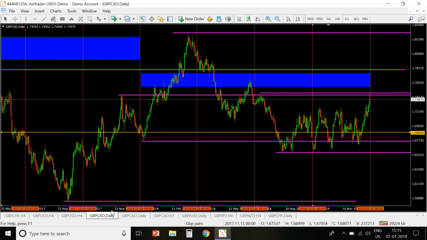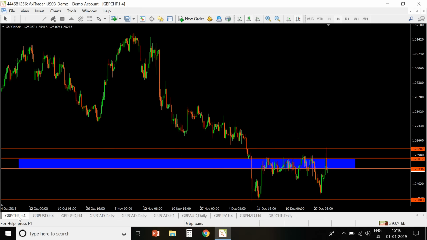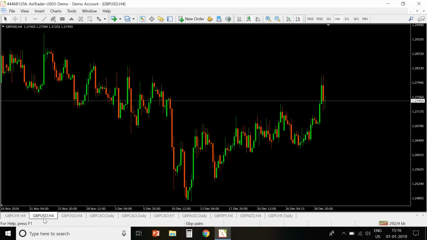So I'm going to explain to you about GBP CAD. I'm going to trade a GBP pair. So what I have done is I've taken GBP pairs and placed them here. See here, GBP CHF, GBP USD, and GBP CAD, which I'm going to trade and analyze.